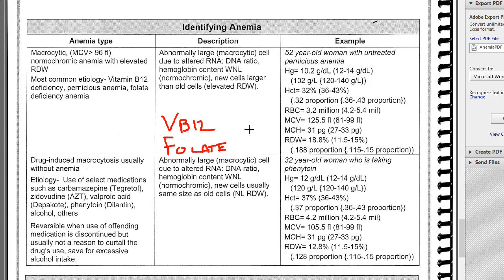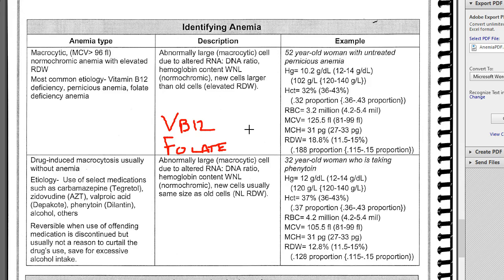So if you're going to use the injection, you're going to do 100 micrograms a day IM for 1 week, then weekly for the first month, and then monthly after that. Then you will see doses as high as 1,000 micrograms used per injection.